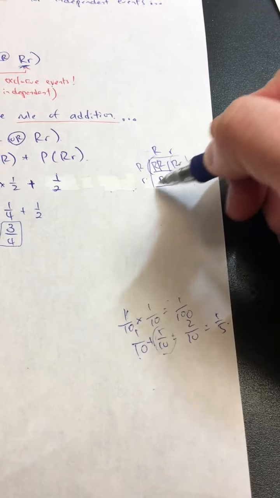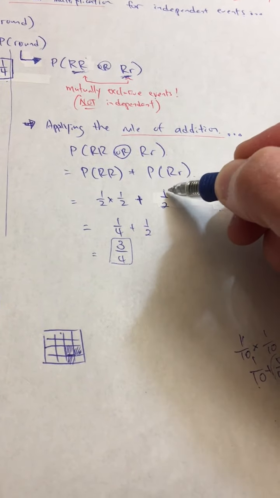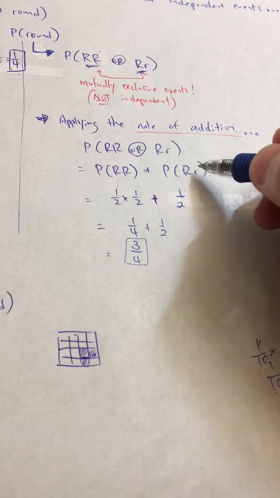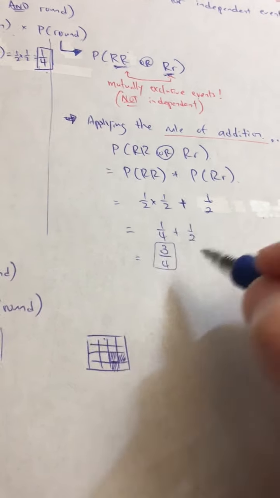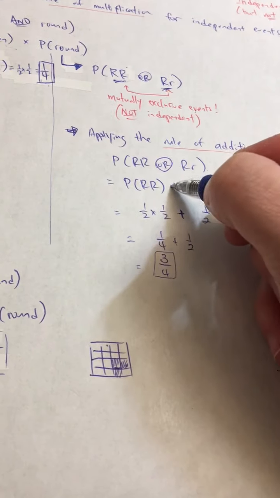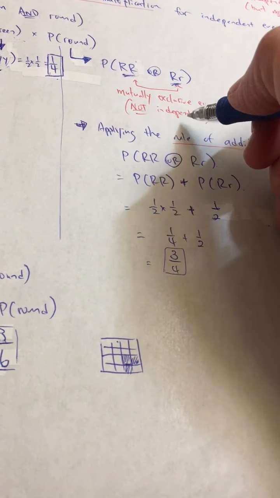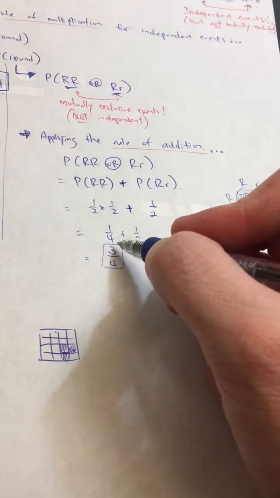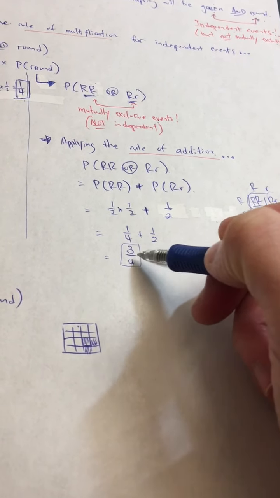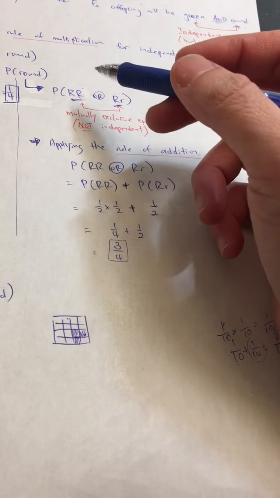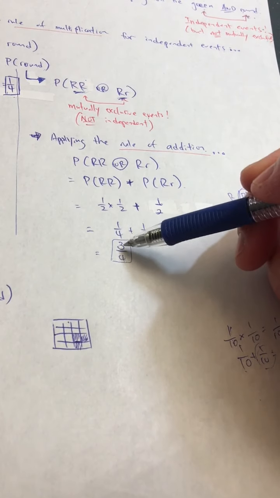It can be either this one or this one. After you've done enough of these questions, you don't even have to draw this out to know that it will be 1/2, because it can be big R followed by small r, or small r followed by big R. So that's 1/2. Because this is a question about two mutually exclusive events, we apply the rule of addition and add those together, and we get that the probability of the F2 offspring being round is 3/4.